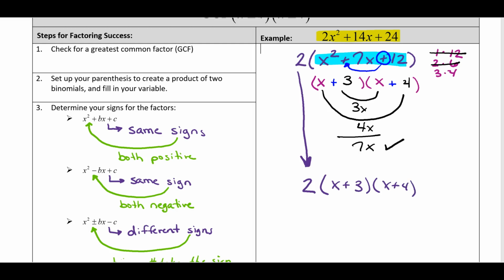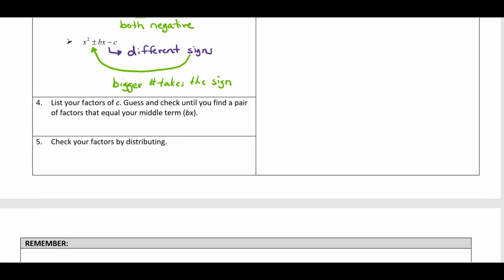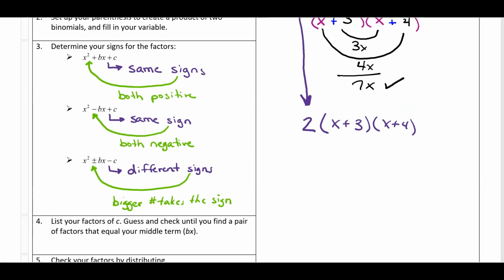Okay, now the last step is always very important. Check your factors by distributing. Make sure it works. And you can use that little graphic organizer to double check. x times x is x squared. 3 times 4 is 12. 3x plus 4x is 7x.